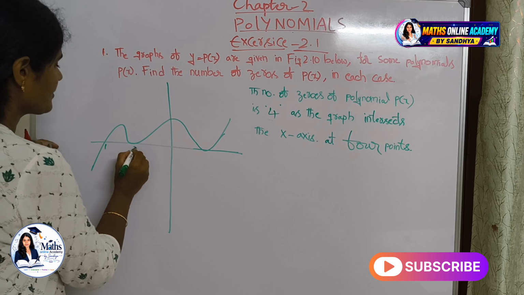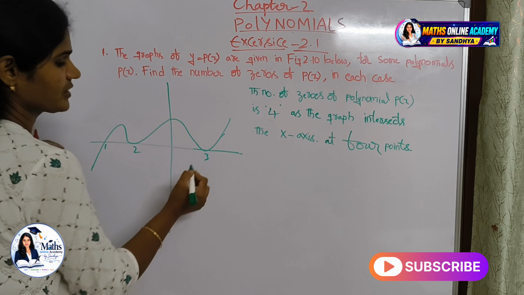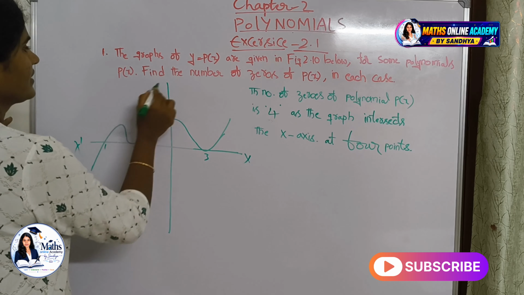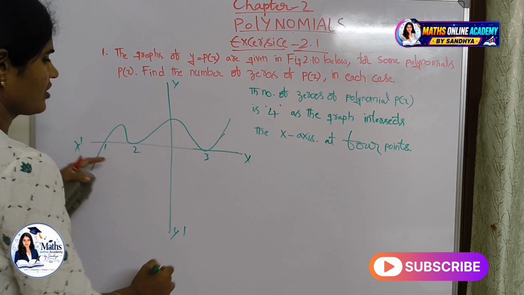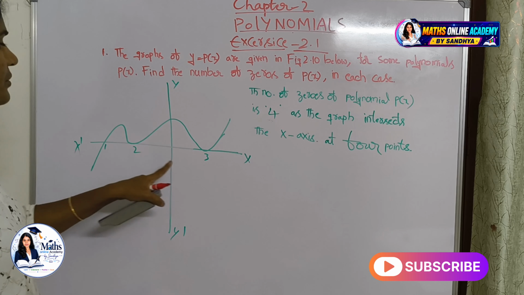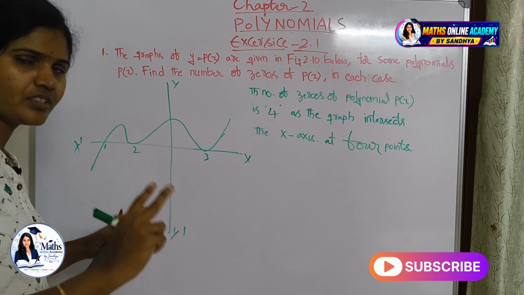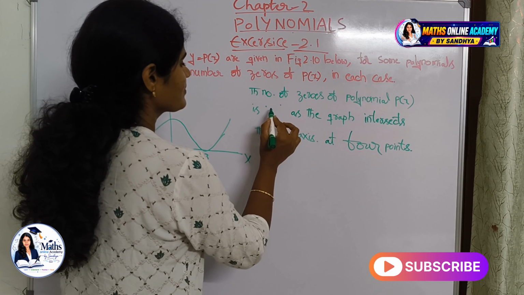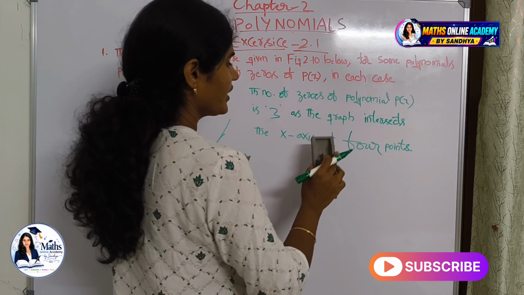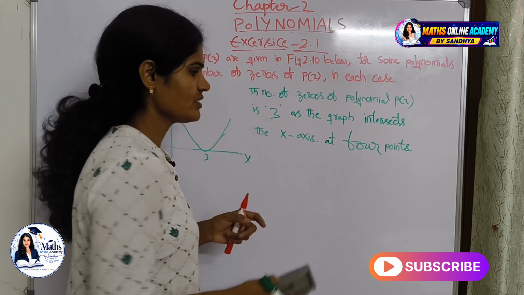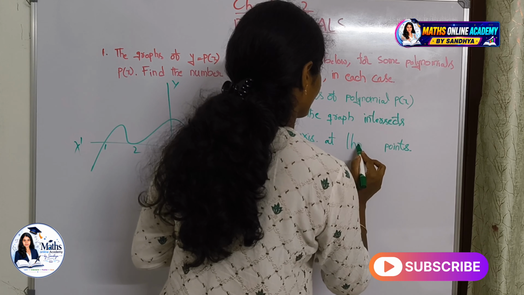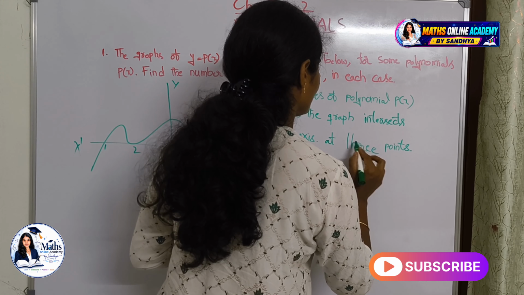This is 1, 2, 3. This is the x-axis. This is the y-axis. How many times? 1, 2, 3. 3 times the graph is intersecting the x-axis. The answer is, the number of zeros is 3, as the graph intersects the x-axis at 3 points.